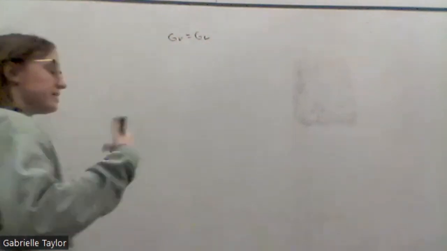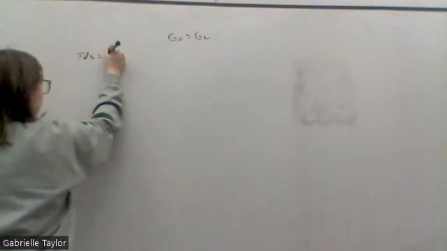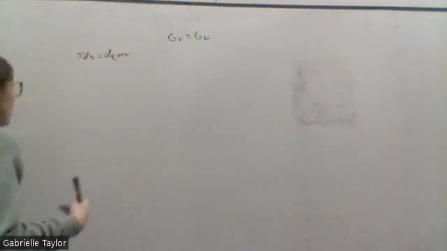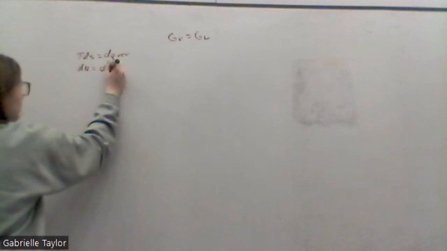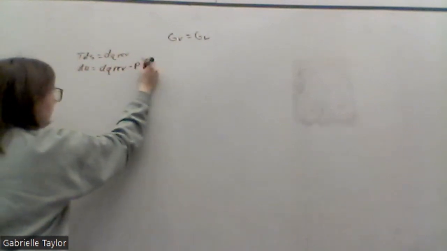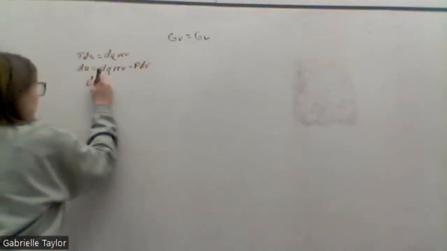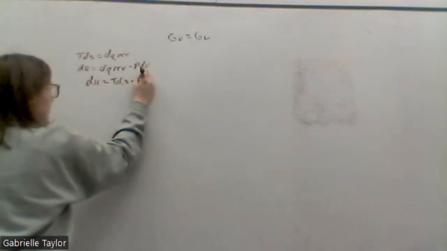What we previously derived, we knew that T dS equals dq reversible, right? We also know that dU equals dq reversible minus P dV. So we can substitute it in. So now we know that dU equals T dS minus P dV.